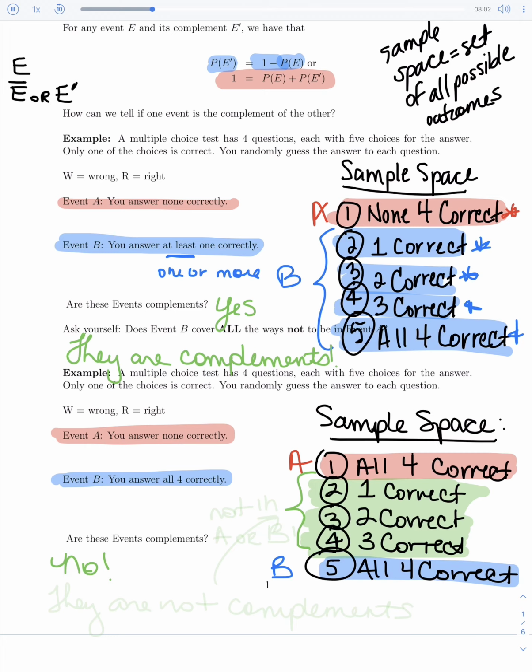This is why they are not complements. There's a bunch of options that aren't covered in either A or B. So, no, they are not complements. And the reason why is that there's plenty of stuff that is not in A and not in B. And that's the issue.